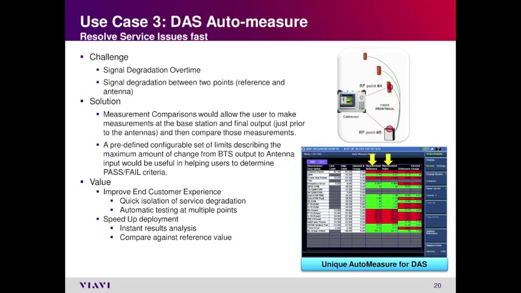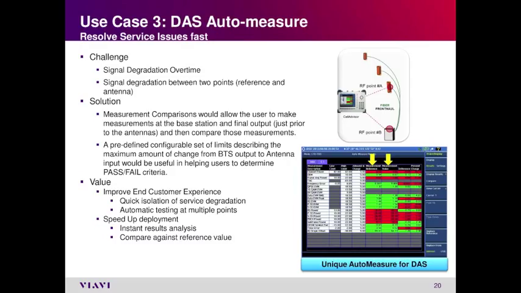So this solution helps you identify signal degradation over time and signal degradation between two points. So take a reference point, an antenna point, and realizing the link budget, you can identify what the pass or fail criteria would be. You can add that to the instrument, and then when you go to reference point A or reference point B, you can figure out how much loss was supposed to be.